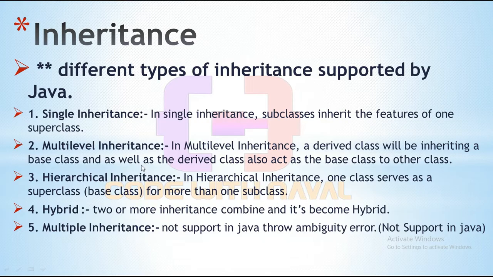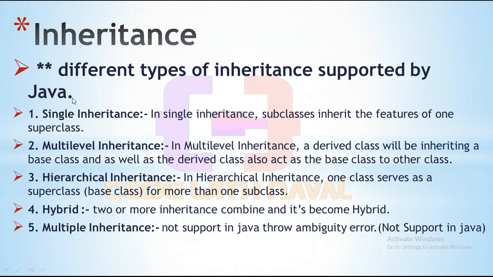These three classes are inheriting each other. Then we have hierarchical inheritance. In hierarchical inheritance, one class serves as a superclass, or base class, for more than one subclass. That means there is one parent class and multiple child classes. Then we have hybrid inheritance. When we combine two or more inheritances together, it becomes hybrid inheritance.